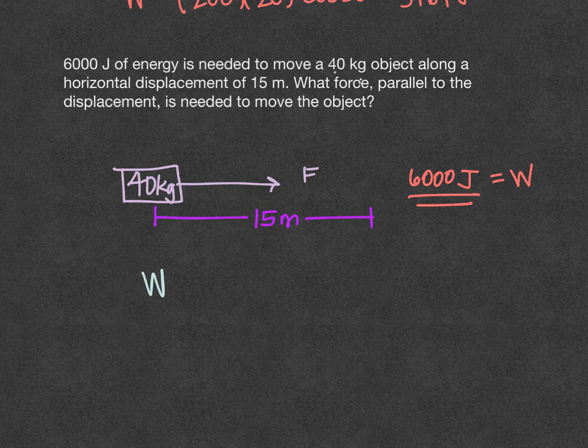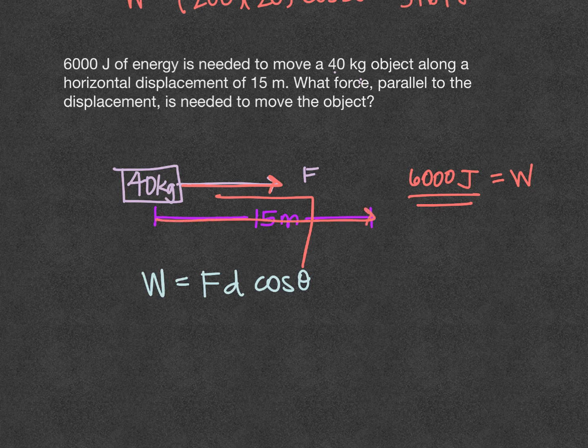So if work is FD cosine theta, and in this case, the angle between the force and the displacement is 0 degrees, and the cosine of 0 degrees is 1.